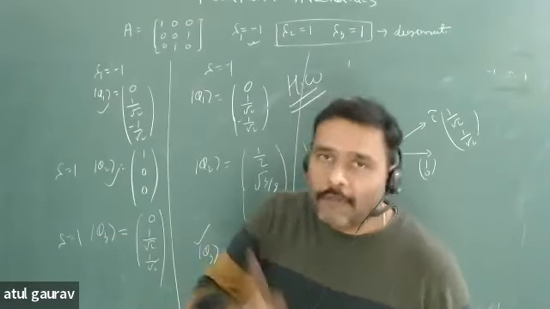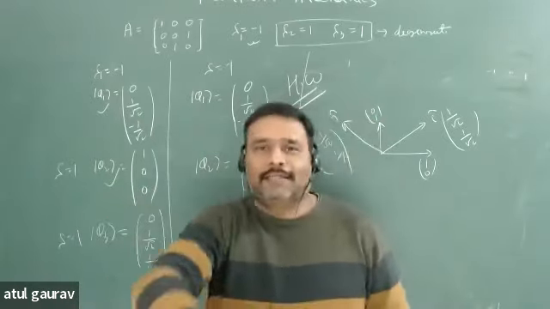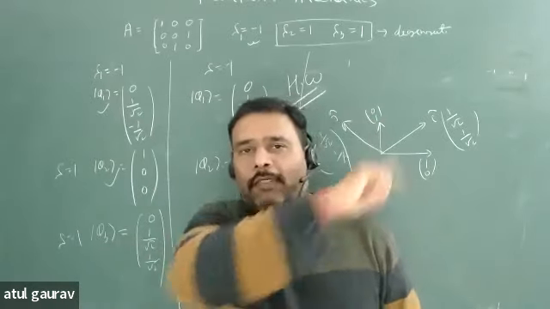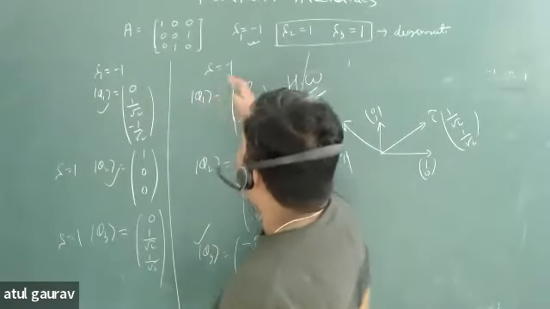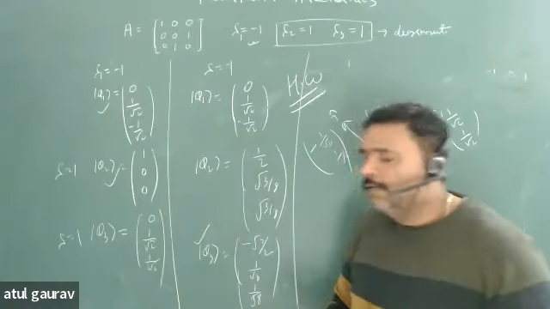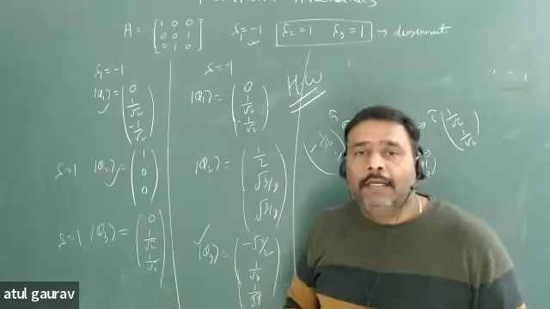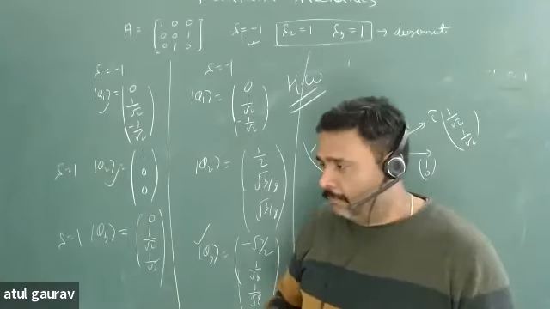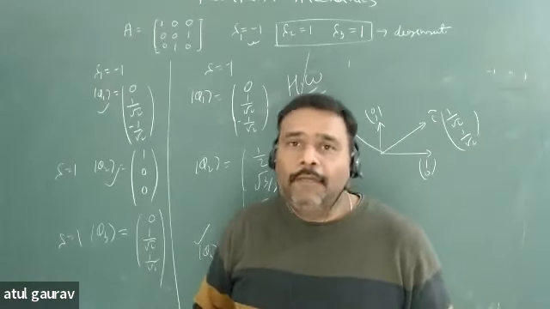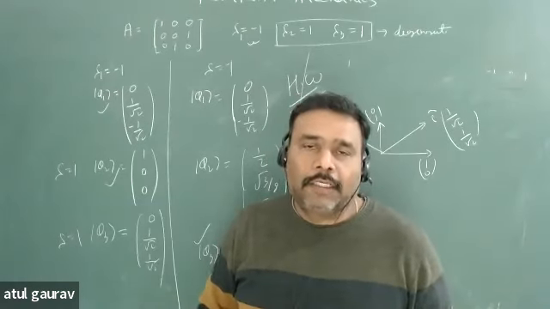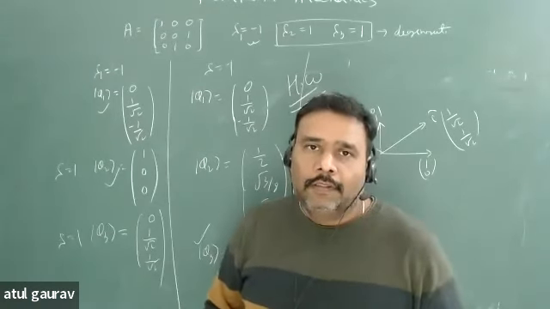But if your eigenvalues are non-degenerate, then everybody will have the same x-axis, same y-axis, same z-axis, as we did in the last problem. For example, for everyone, this phi 1 is the same, isn't it? So if degeneracy is coming in the result, then obviously it will create a problem. So how will you resolve this? This is the most important thing.